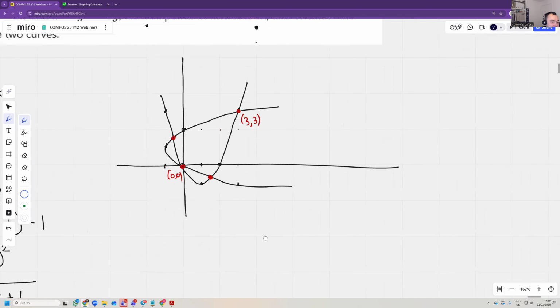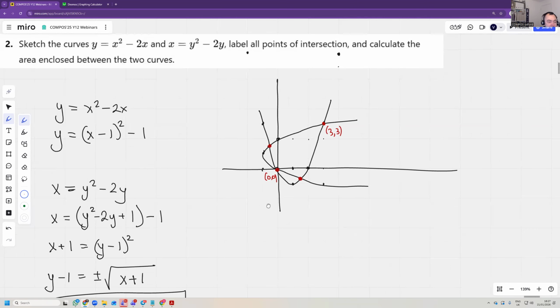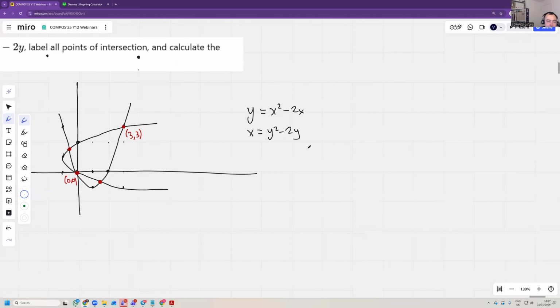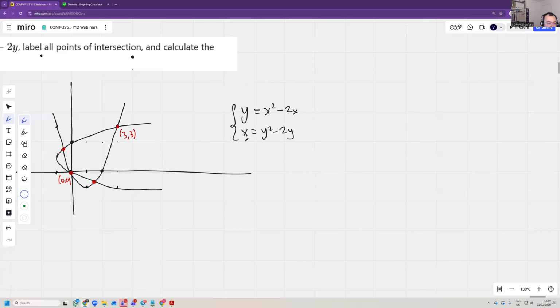And to do that, we just solve. So y equals x squared minus 2x, and x is y squared minus 2y. So let's substitute one into the other. Let's substitute y.